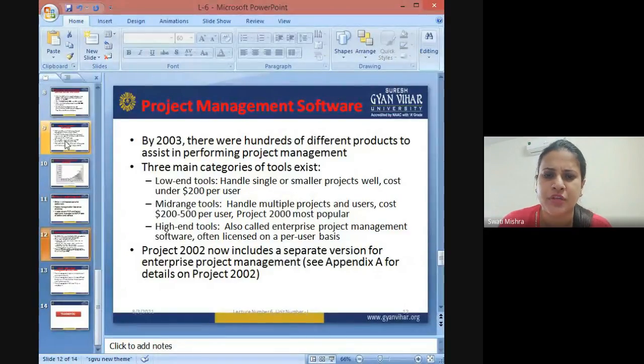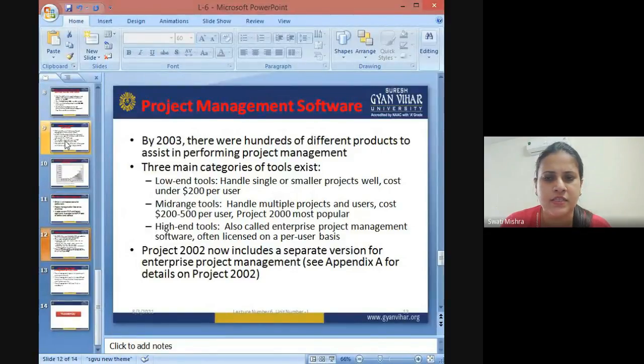I think 10 to 15 is too much to talk about, but maybe 7 or 8 projects are running at a time and they are not of a very huge size, then it becomes very easy to handle those projects through the available mid-range tools.